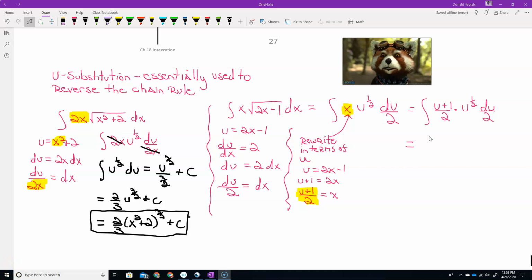The first thing to recognize is this is really 1/2 times this quantity, and this is 1/2. So 1/2 times 1/2 would be 1/4. I can pull that out in front of the integral. Now I'm left with u plus 1 times u to the 1/2 du.